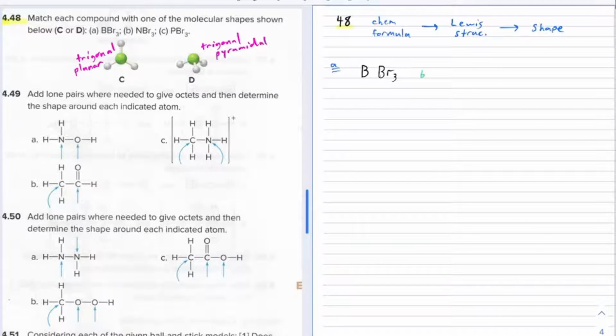It's not monoboron. Remember, you can drop the mono prefix. Boron tribromide. The last element always ends in "ide."